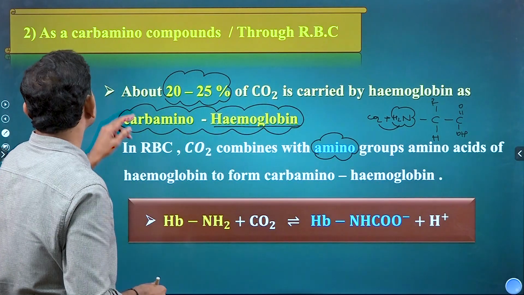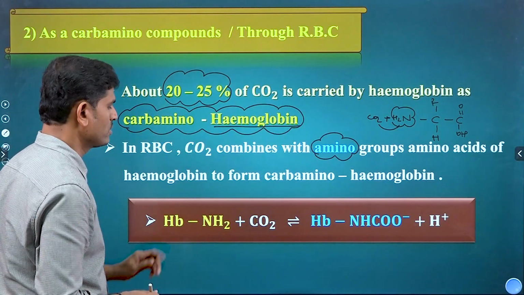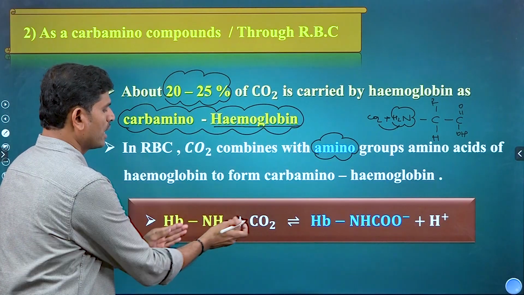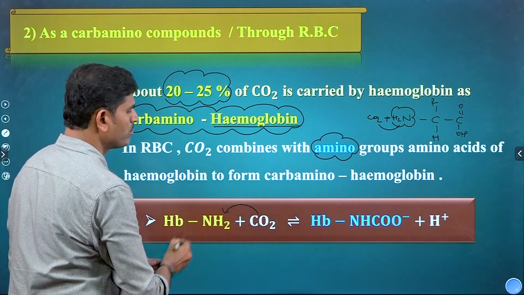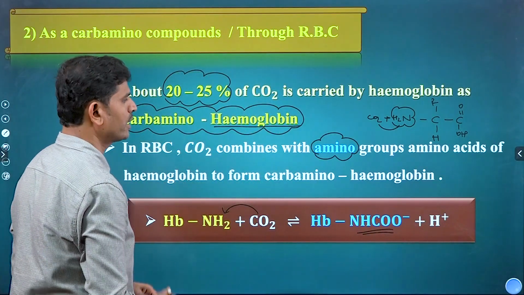So this is the second method, carbamino compounds through RBC.